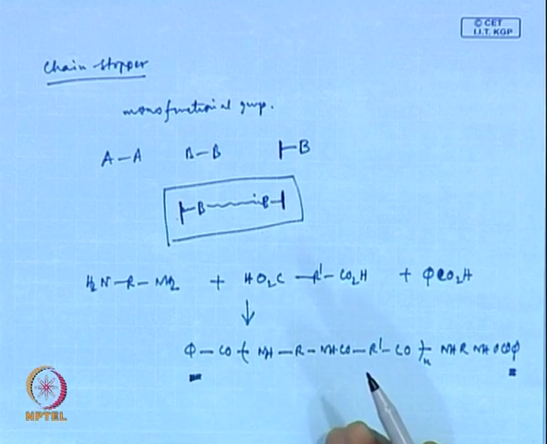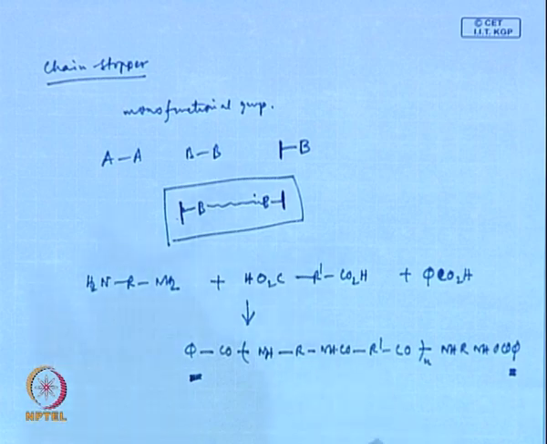Okay. So, it is advisable, and industrially also it is done, by either taking one of the bifunctional or polyfunctional monomers in excess, or a monofunctional monomer which is termed a chain stopper added externally, so that we can control the chain length.